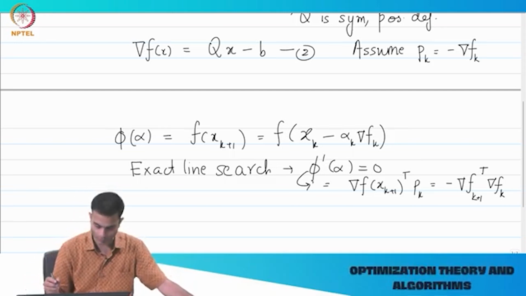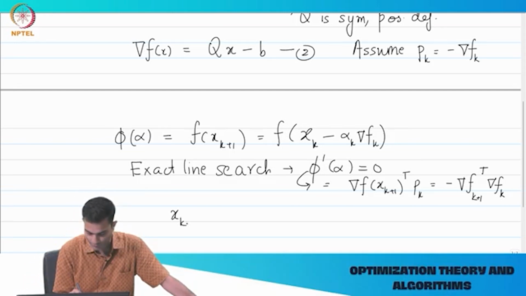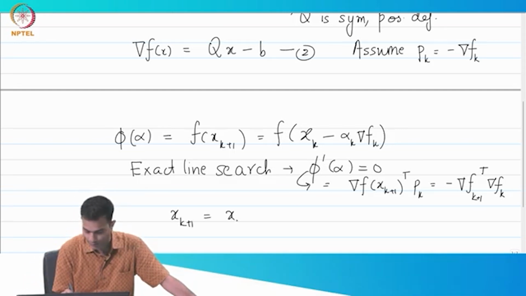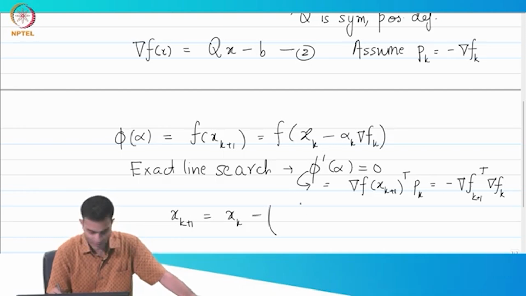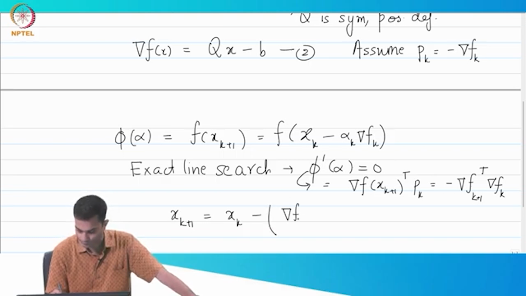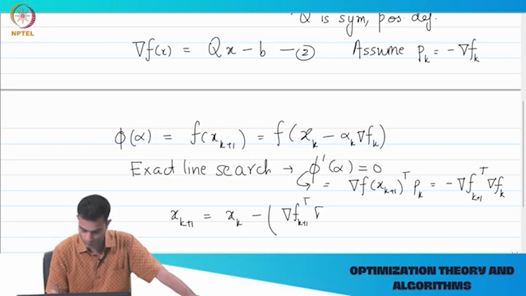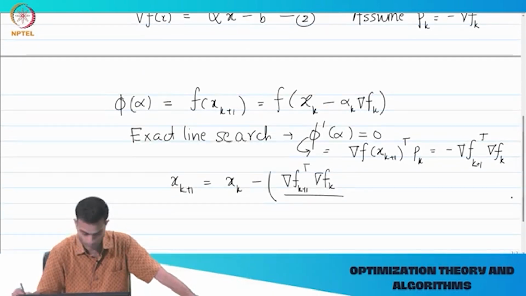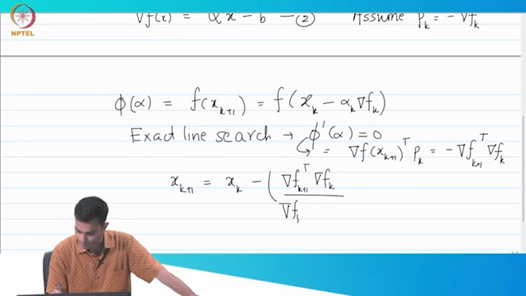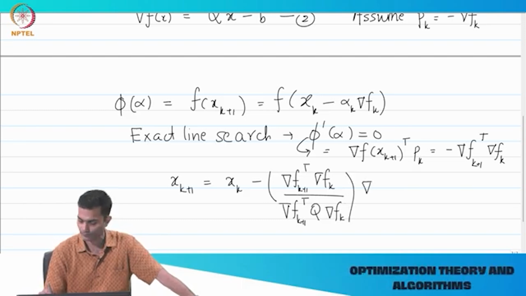So let's assume it for now. I'll give you the final result. So I will be able to write my xk plus 1 in terms of xk and this expression for alpha. So quite a simple derivation.